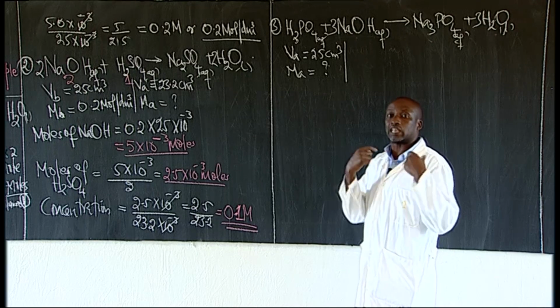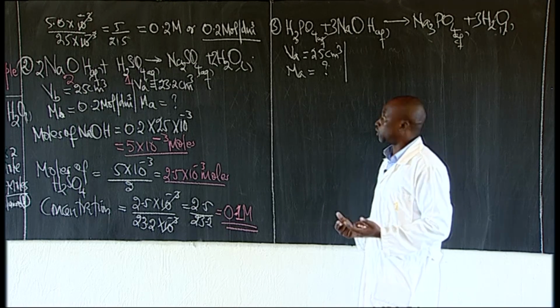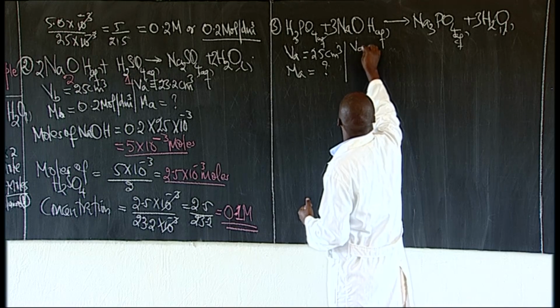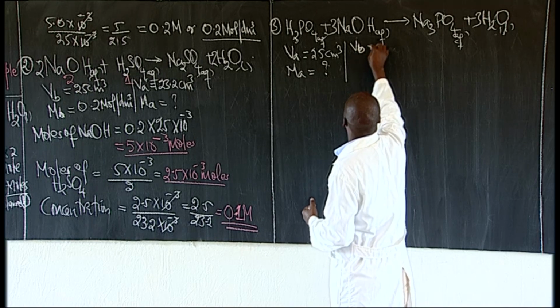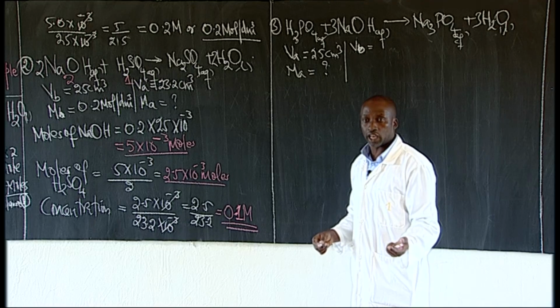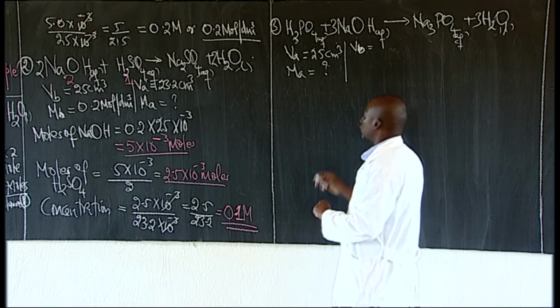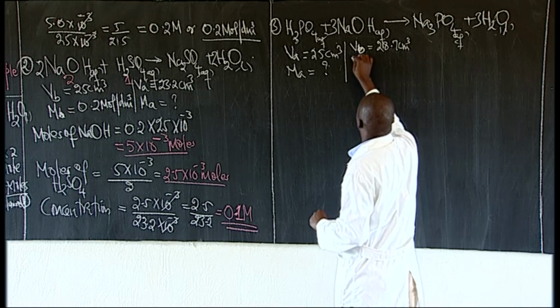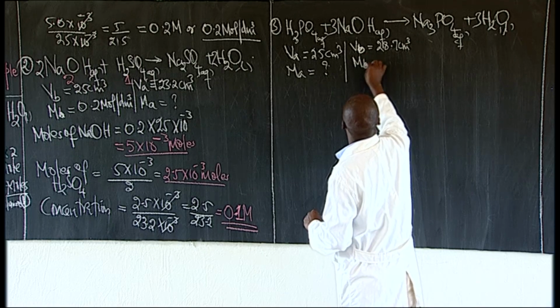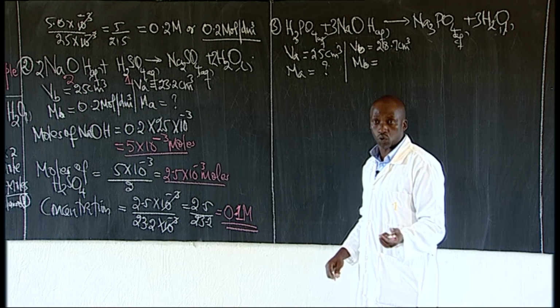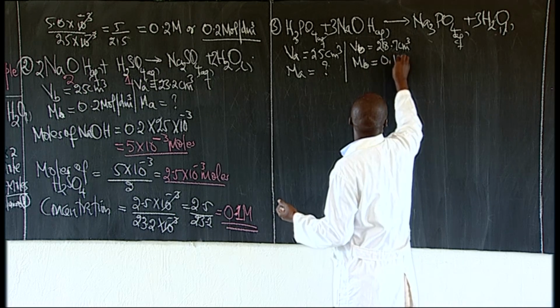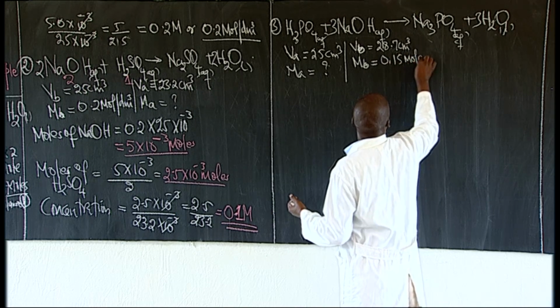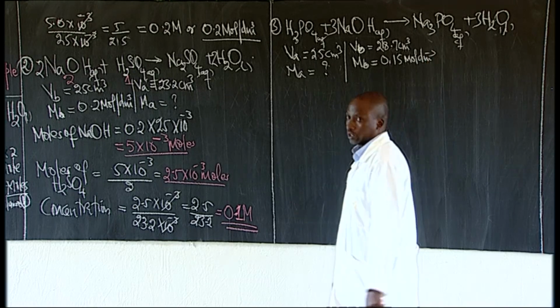You need to first extract that from the question. What is the volume of the base that we are given? 28.7 cubic centimeters. Whereas the molarity of the base is given as well, 0.15 mole per decimeter cubed.